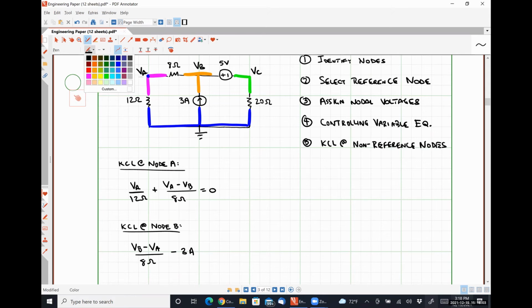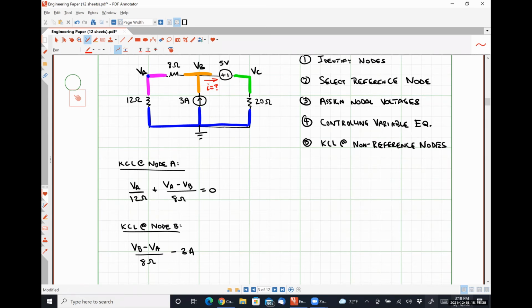But then we run into this guy. Current flowing to the right through my voltage source. So this is an independent voltage source, which means the voltage drop over it is fixed at 5 volts, and the amount of current flowing through it is whatever it needs to be to make the circuit work.